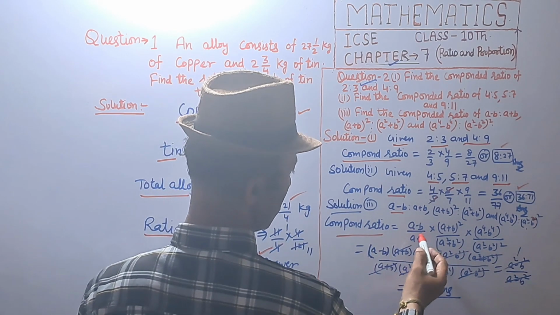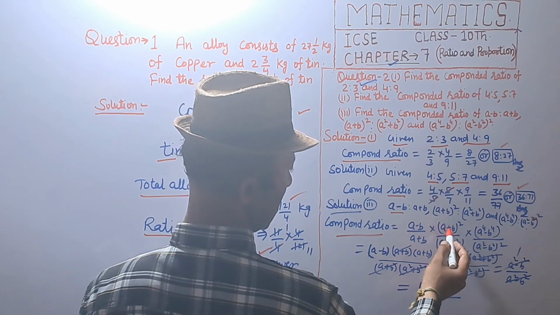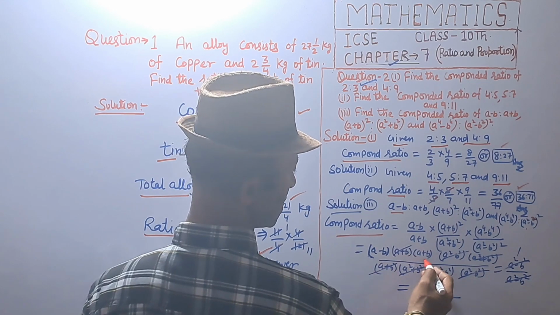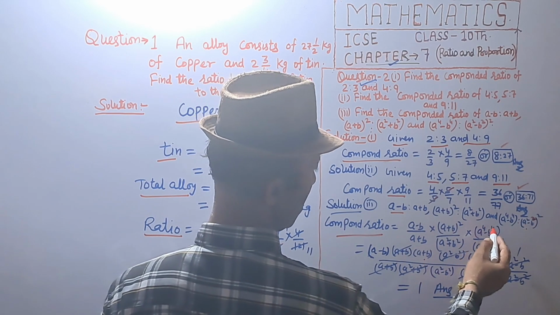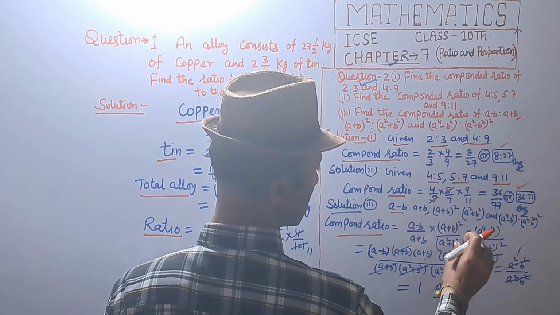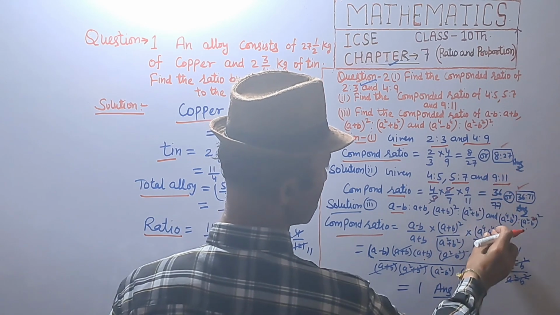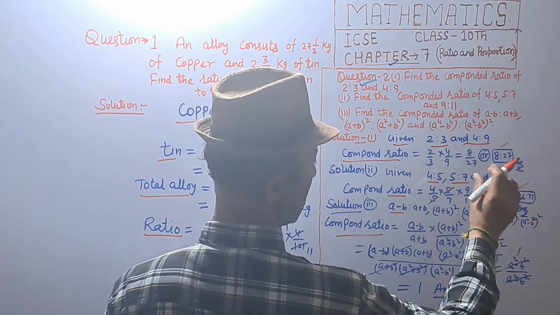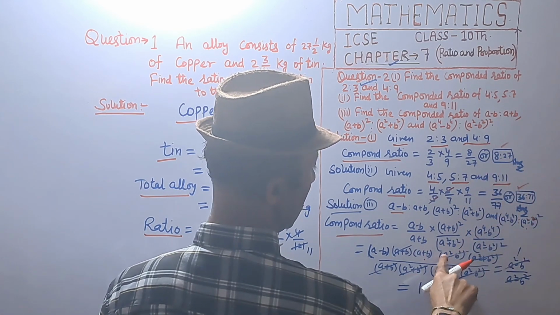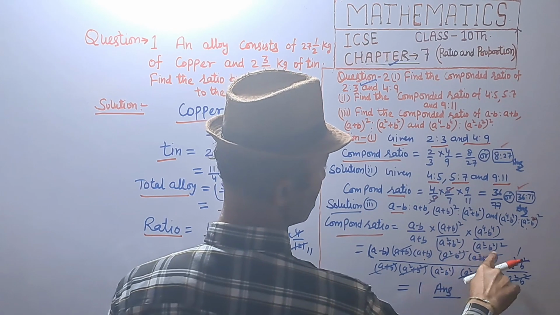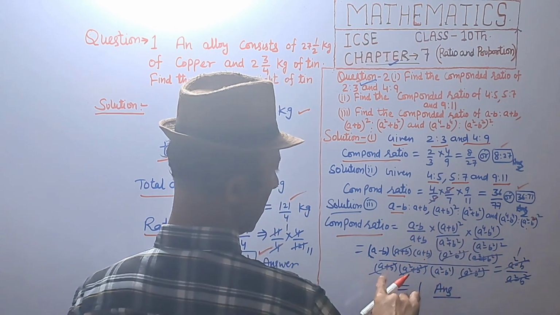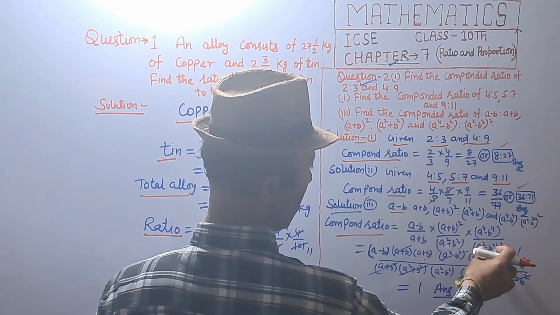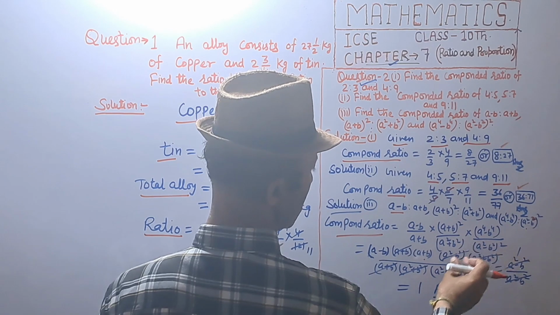That is equal to A minus B as it is, A plus B whole square is equal to A plus B into A plus B, and A4 minus B4, that is A square raised to power 2 minus B square raised to power 2, that is A square minus B square into A square plus B square, and A square minus B square is equal to A minus B into A plus B, and divided by A plus B into A square plus B square, and 2 times A square minus B square.